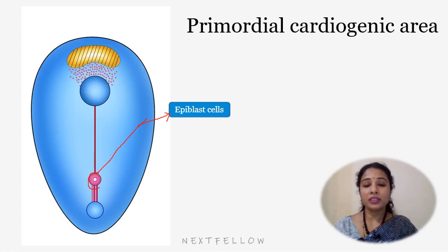So these epiblast cells which are at the cranial end of the primitive streak, they migrate into the splanchnic layer of lateral plate mesoderm, which later turns to form a primordial heart. So that is about the basic idea, and thus the heart, if you see its origin, is mesodermal in origin, and the cells of the epiblast migrate through the primitive streak to reach the primordial cardiogenic area.